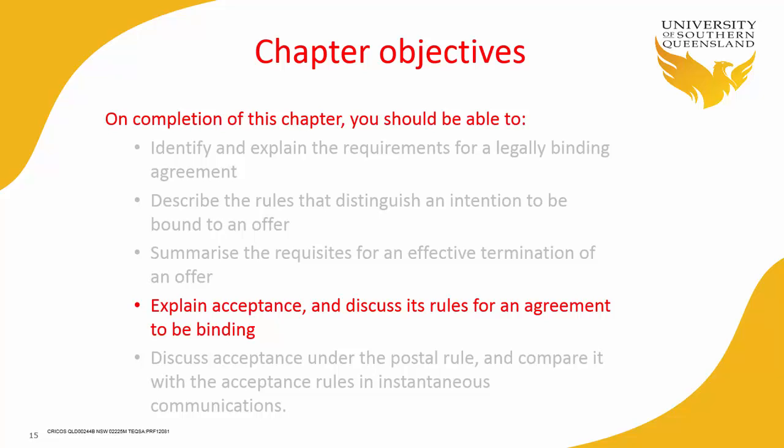If I say to you, I will sell you this pen for $10, that you have to pay me now, and you say, I will buy this pen for $10, but I will pay you the money tomorrow, that is not an acceptance, because acceptance, as we said in the second rule, must be strictly in accordance with the terms of the offer. The terms here being that I want $10, but I want it also now.